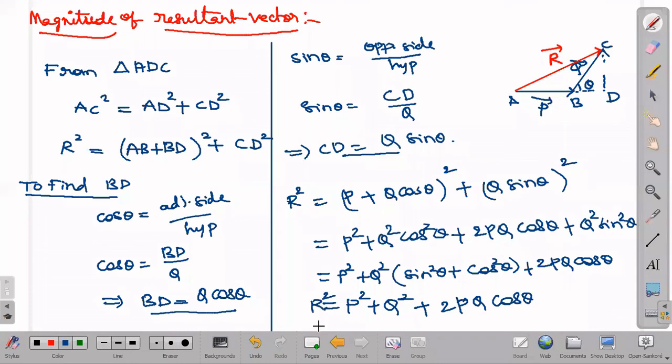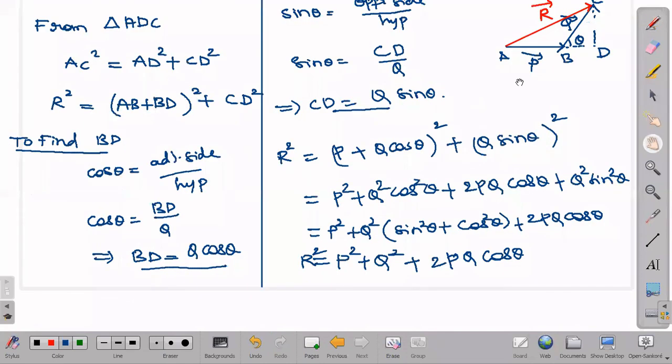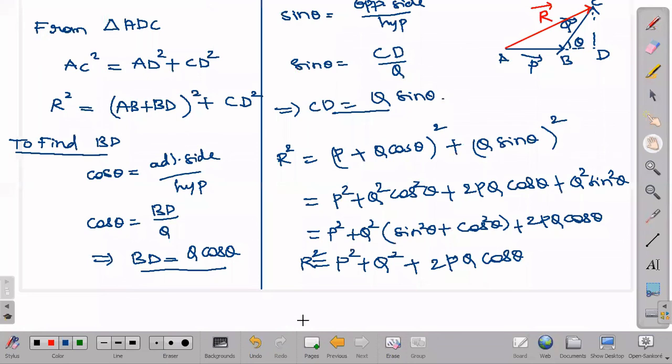Right? Now, if we write an expression for R, only one step is left. R is equal to, the square will go to the other side and it will become a root.